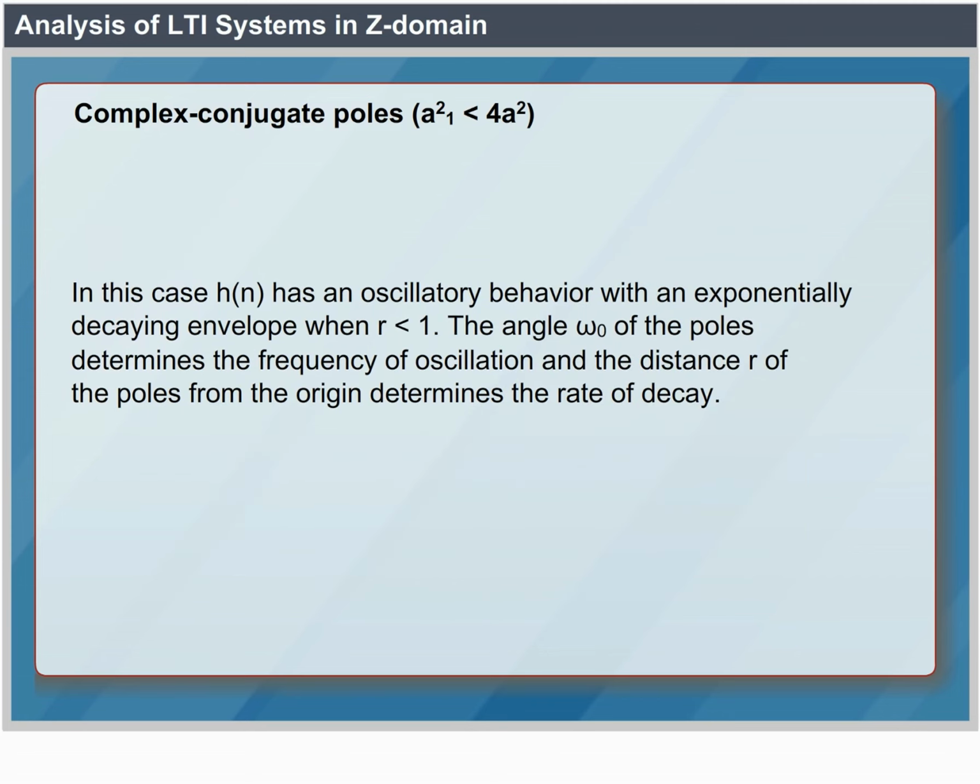In this case, h of n has an oscillatory behavior with an exponentially decaying envelope when r less than 1. The angle omega naught of the poles determines the frequency of oscillation, and the distance r of the poles from the origin determines the rate of decay.